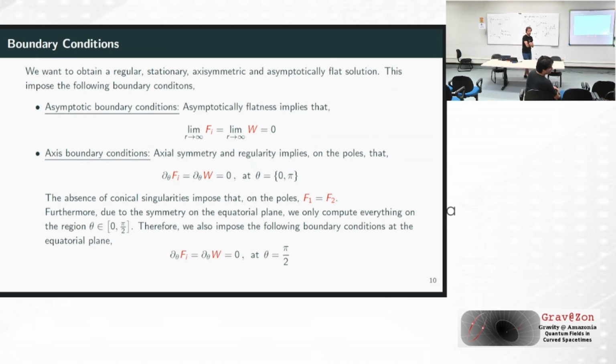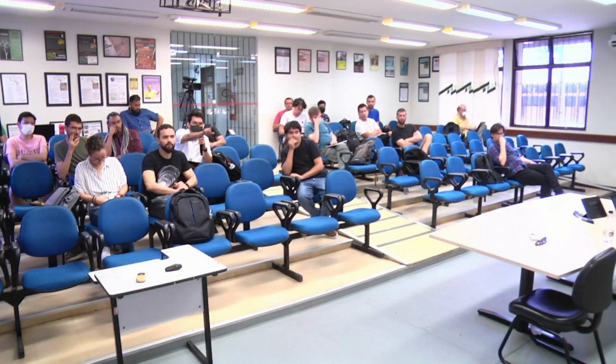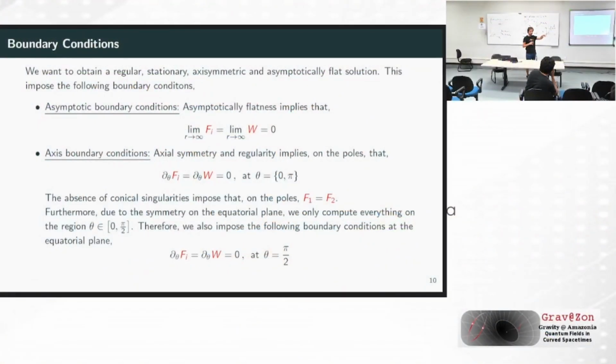Jorge, about this condition of conical singularities, where does it come from? This F1 equals F2? So if you have the metric, you can expand close to the poles, and you'll see that in order to not have any conical singularity, so to have a 2 pi rotation at the poles, F1 must be equal to F2.